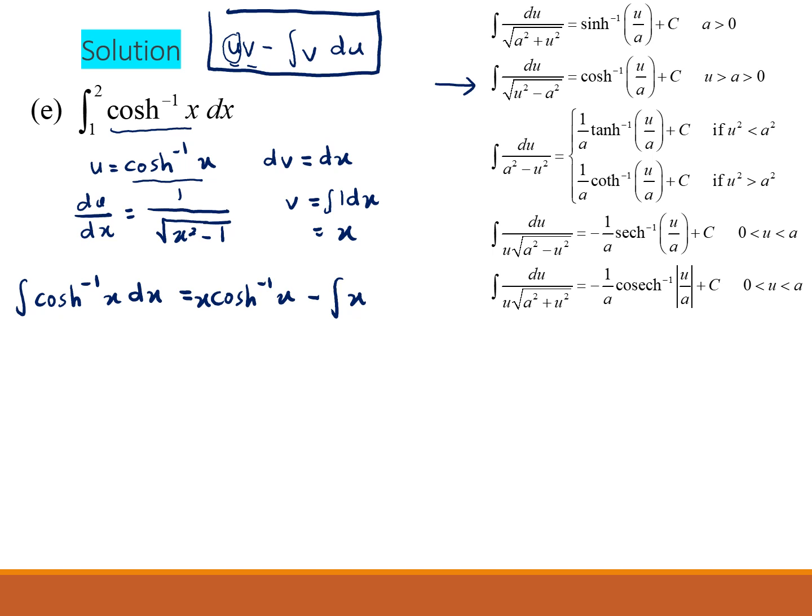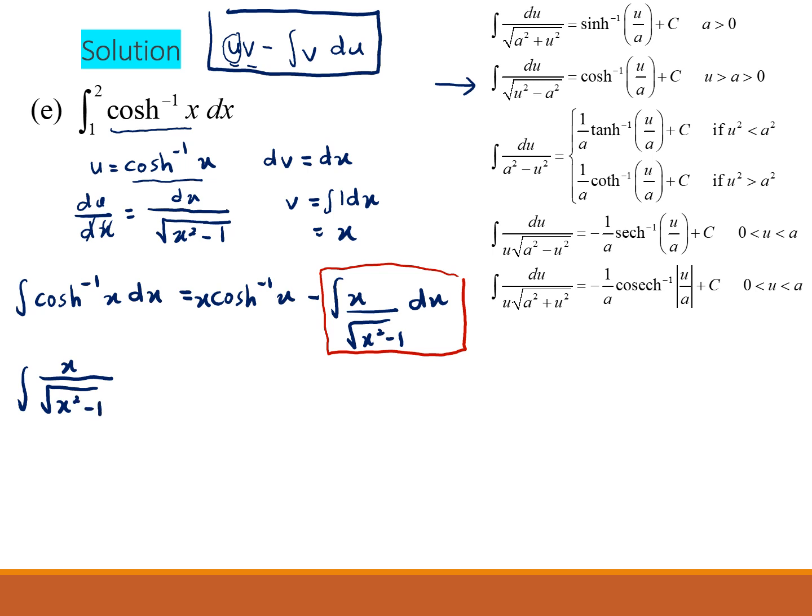So we have x over square root of x squared minus 1 dx. Now we try to solve the integration of this, where this is x over square root of x squared minus 1 dx.